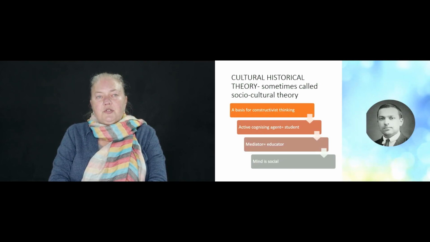The last theory I want to talk to you about is sometimes called sociocultural theory in the West, but in the East, in Russia, where it originated, it's called cultural historical theory, and it is associated with the work of the psychologist Lev Vygotsky. Now, Vygotsky said that children were active cognizing agents. They actively learnt through interaction with others.